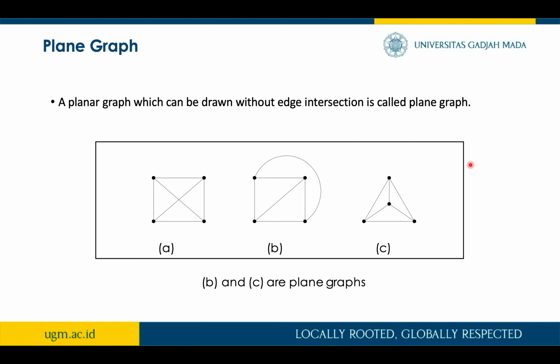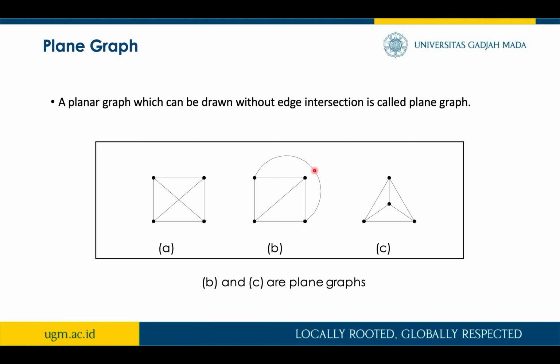A planar graph which can be drawn without edge intersection is called a plane graph. So actually a plane graph is a planar graph that is drawn without edge intersection. This is a planar graph because we can draw it like this one.